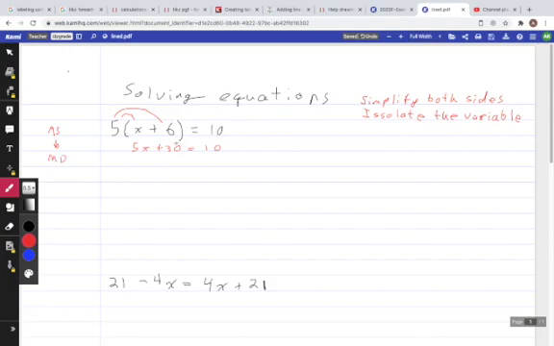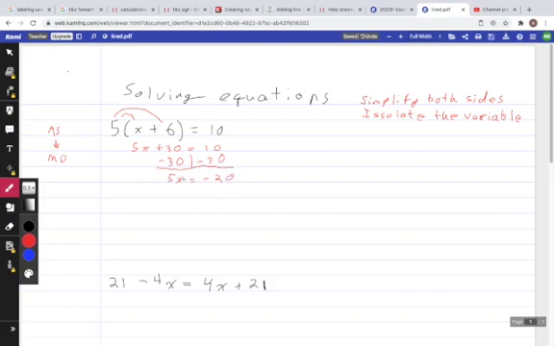I have this 30 being added to this 5x, so we can subtract 30 from both sides of the equation. And if we do that, we end up with 5x is equal to negative 20.